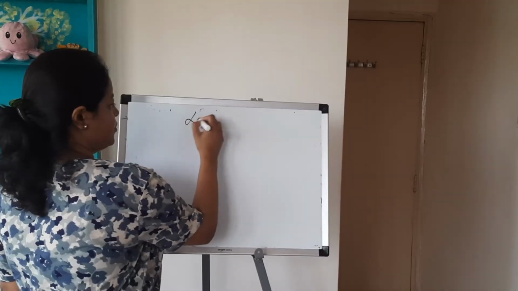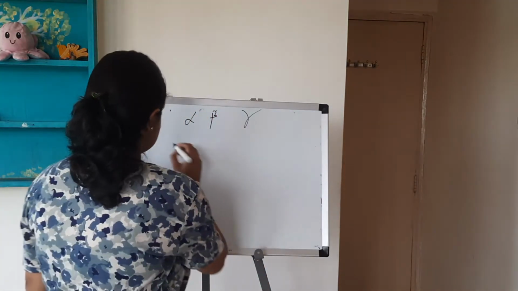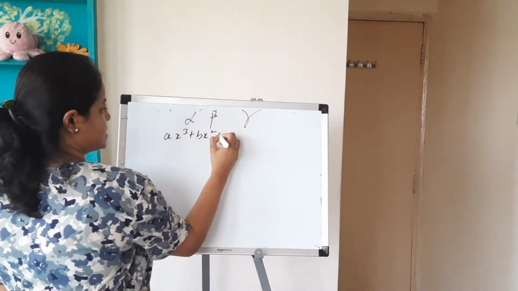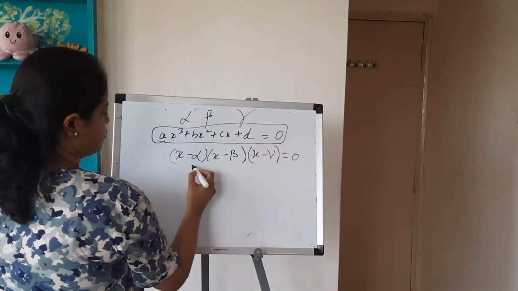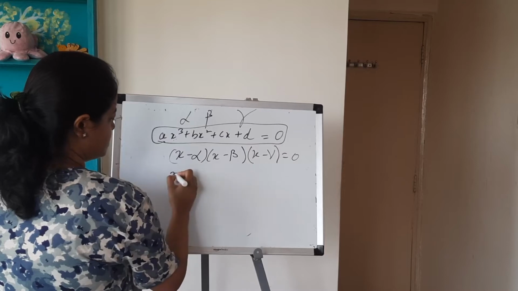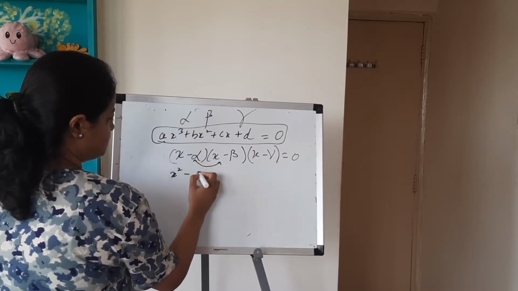Moving on to the cubic polynomial, we are assuming alpha, beta and gamma are the zeros of this cubic polynomial, right? So how do we represent it? ax cube plus bx square plus cx plus d. We are going to equate this. First we are going to open these brackets, right? So what is this? First we are just multiplying these two.